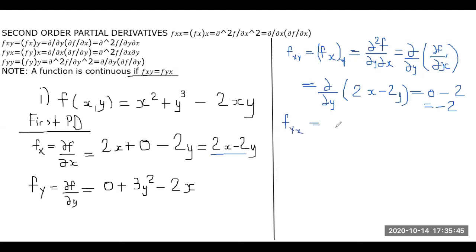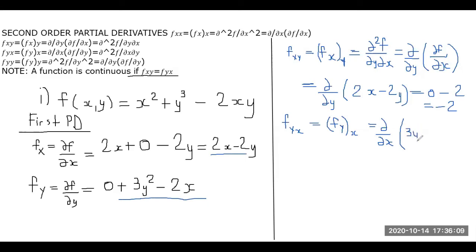fyx just means we find the derivative with respect to y first, and then differentiate that with respect to x. So that's equal to ∂/∂x of ∂f/∂y. But ∂f/∂y we found was right here, 3y squared minus 2x.